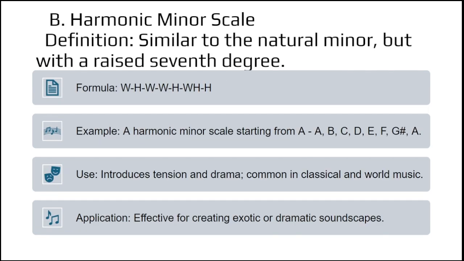So this is the harmonic minor scale. It's similar to the natural minor, but with a raised 7th degree. What does that sound like? We'll take a look. What we have in this context is A, B, C, D, E, F, G sharp, and A. So that would sound like.